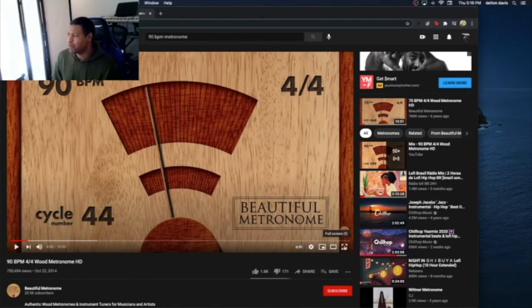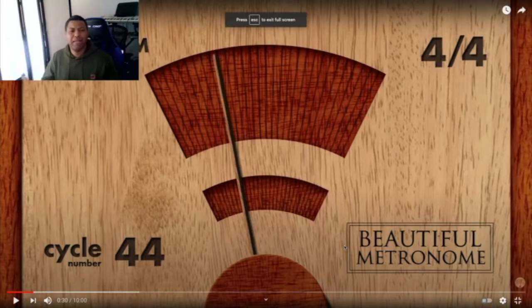I'm going to bring up this metronome here that's found on YouTube. I'm going to have links as part of the lesson so you can practice along with. Basically, a metronome is a device to keep tempo. As simple as that. You can go to YouTube and type in different tempos, or you can download a free app that keeps time.